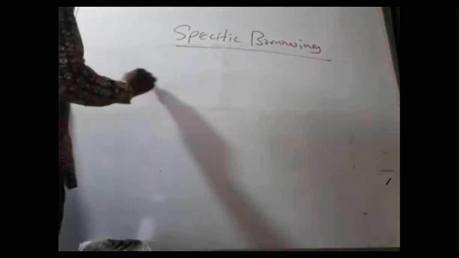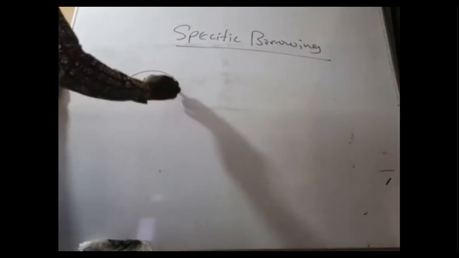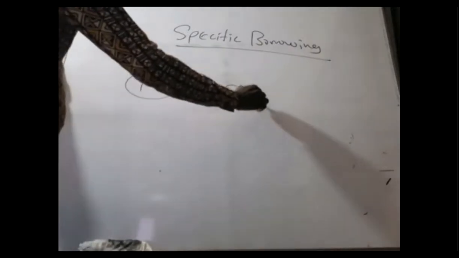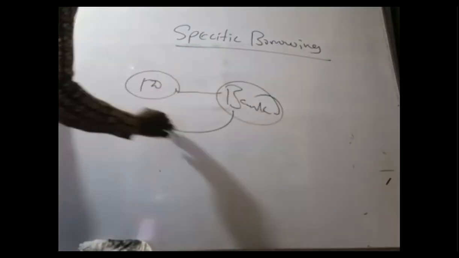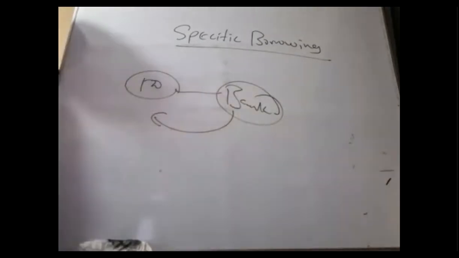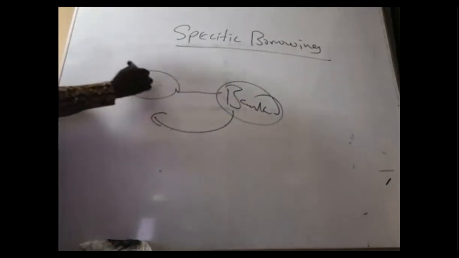So you need 120,000 and you walk straight to the bank or any financial institution to pick a facility of 120. That is specific.